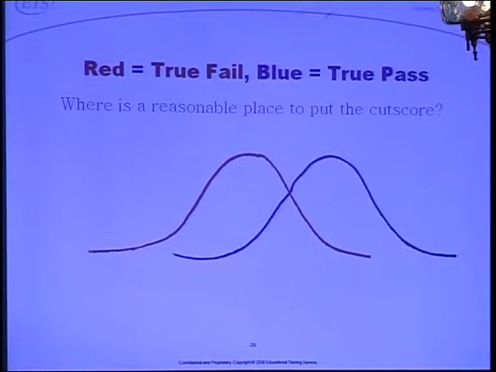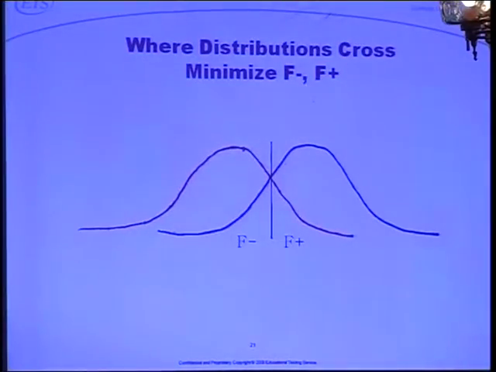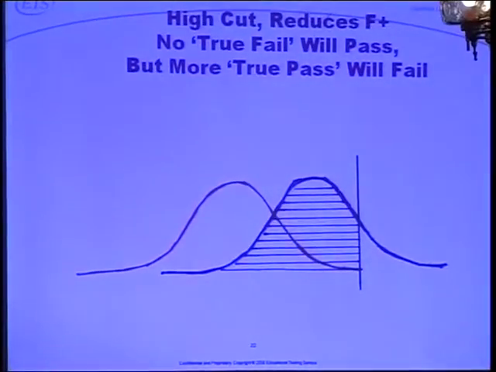So we have two distributions here. So if we knew for sure who truly should pass and who truly should fail, where would we put the cut score? So we could decide to put it here because we want to equalize who is a false positive and who is a false negative.